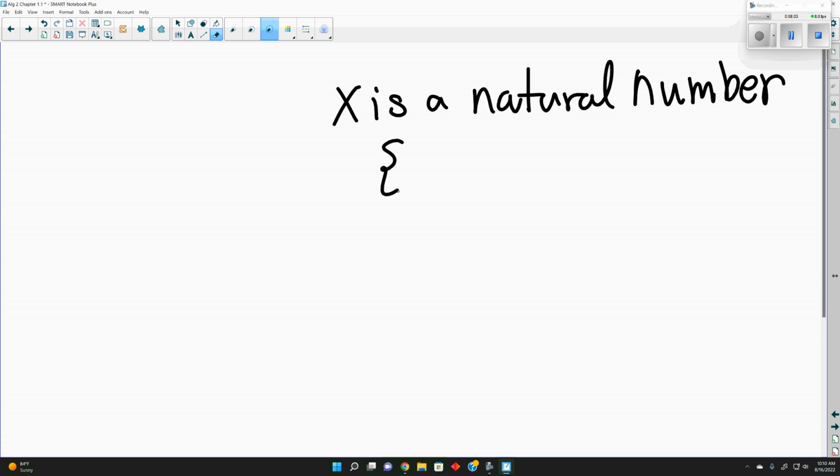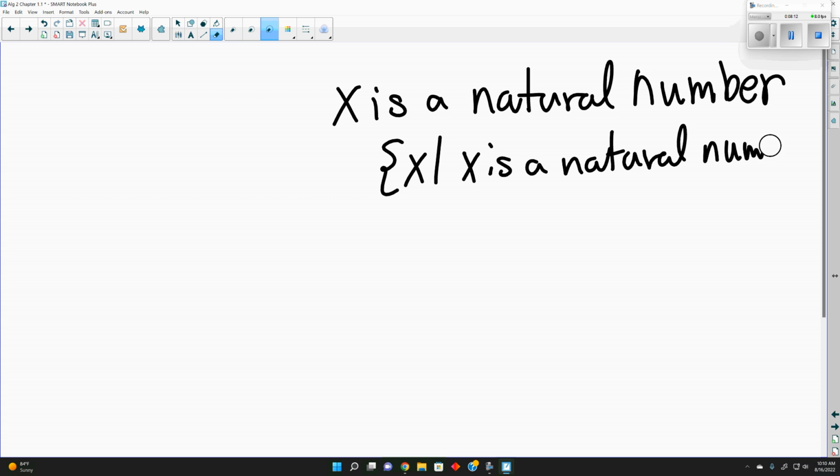We always start out with brace X bar, X is a natural number. That's it. Because we could write this out: brace X bar, the set of all real numbers X such that, describe it. Because the other part is going to be the description.